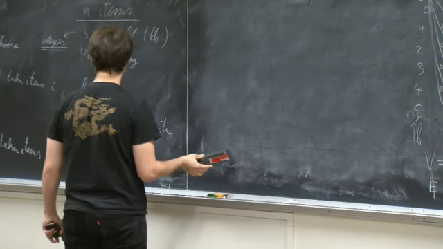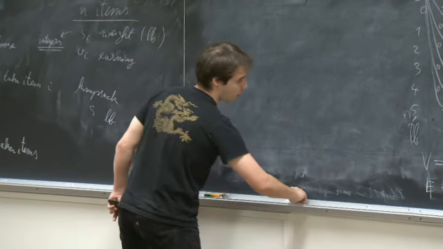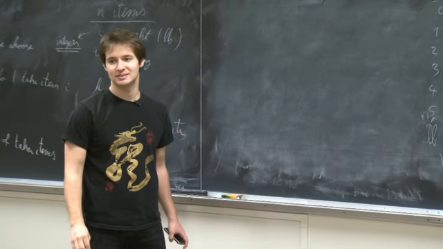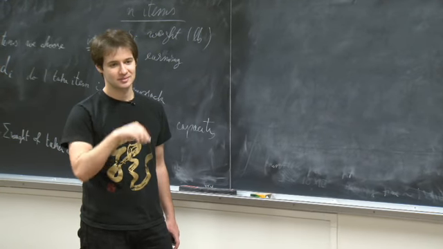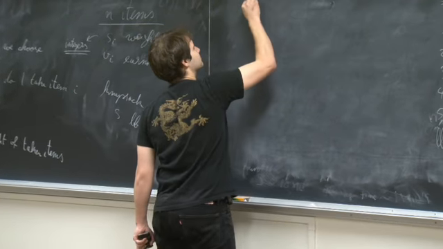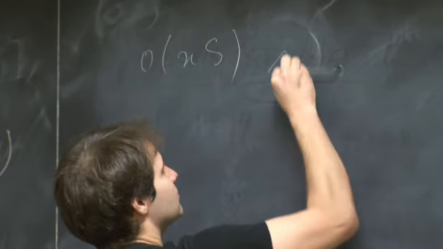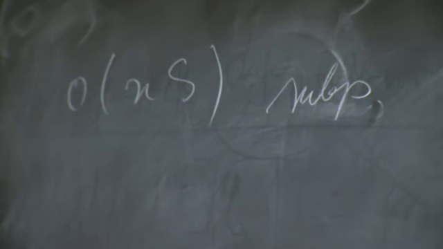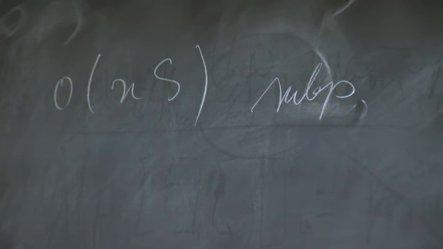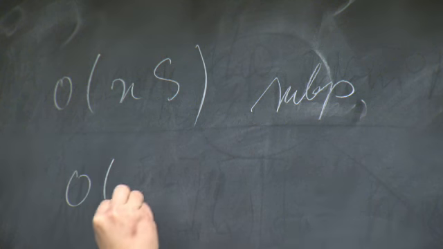Okay, so running time for dynamic programming. How many subproblems? N times S. How many subproblems do I look at when I compute the answer to a subproblem? 2, so order 1.